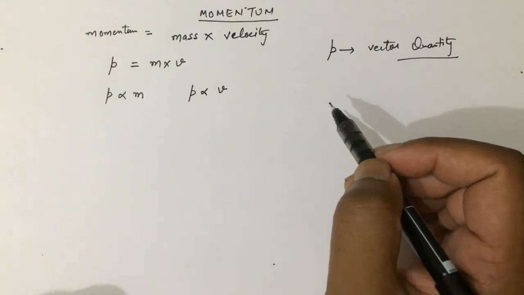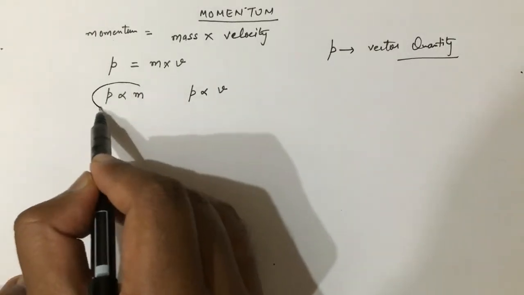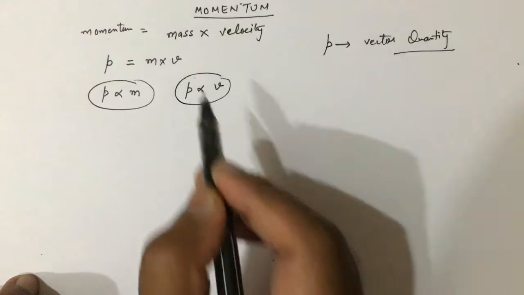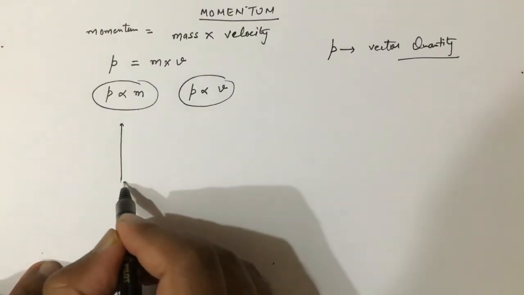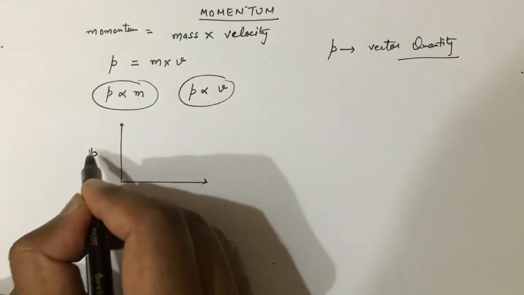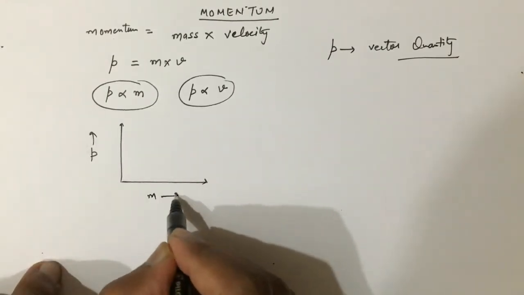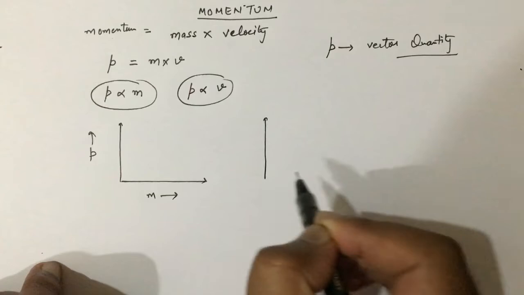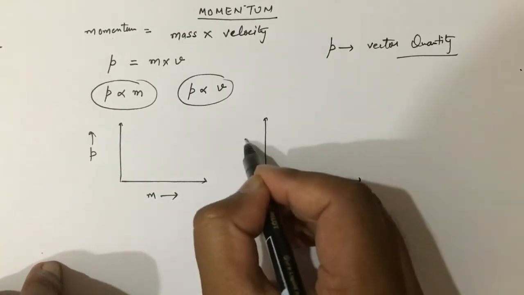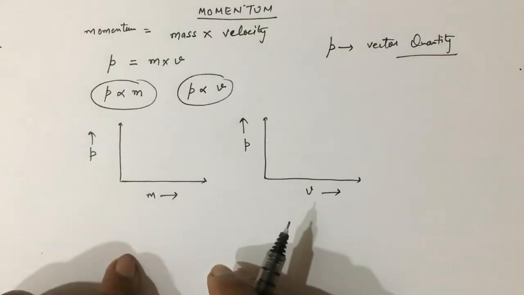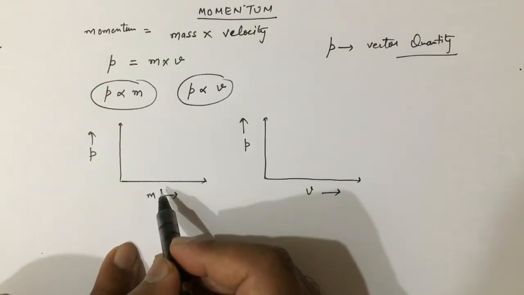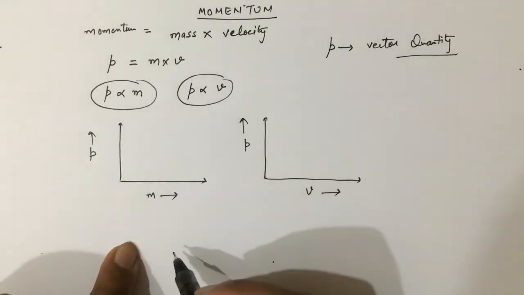Now using these two terms, if you want to plot a graph between momentum and mass, in this graph we will keep the velocity constant.